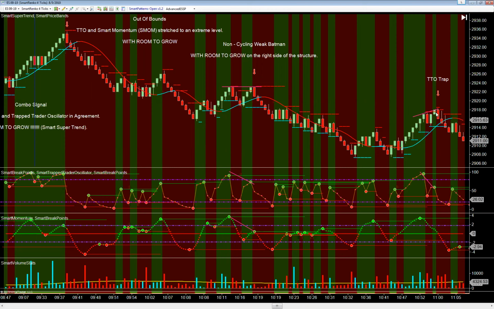See, again, what is this? A failure. And trap trader oscillator is saying, no way is this going up. The order flow is so strong to the downside here, and we're ready for it.